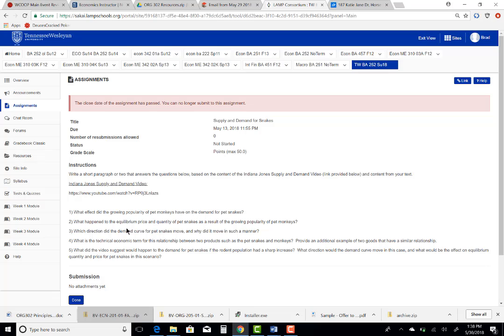So we had a situation in the video where we were looking at two rival products, and we call these substitutes. So we were looking at pet snakes and pet monkeys. The idea behind this in the setup to the video was people are going to either buy one or the other. So the snakes could be used as a substitute for monkeys and vice versa.